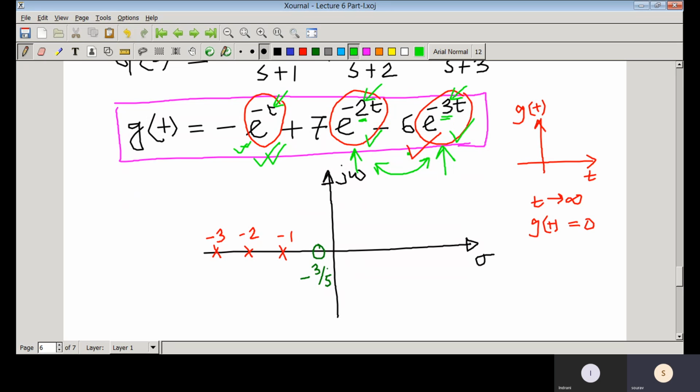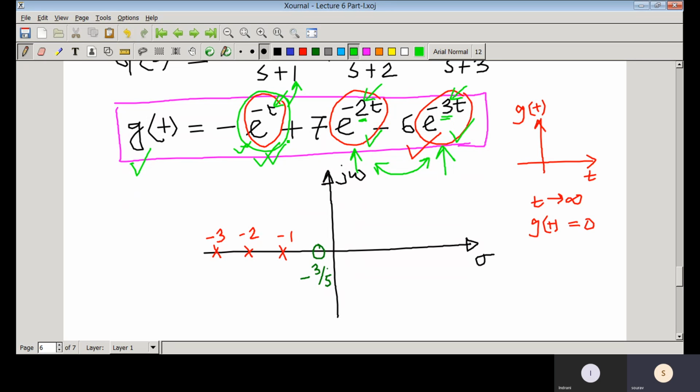So if you look at the transient response of this g(t), the first term is associated with the pole at minus 1.